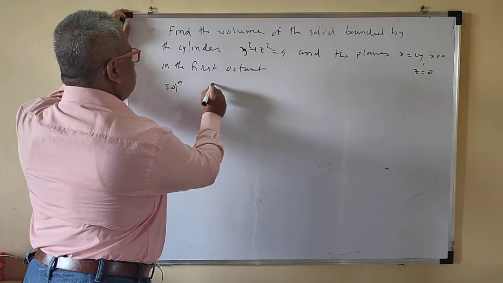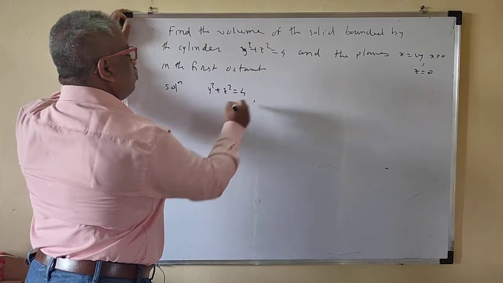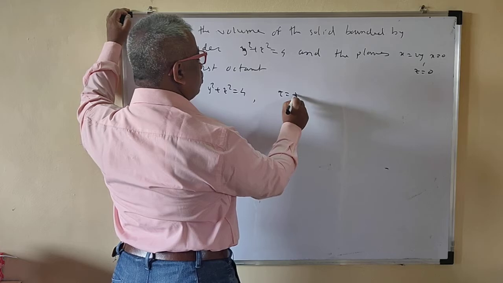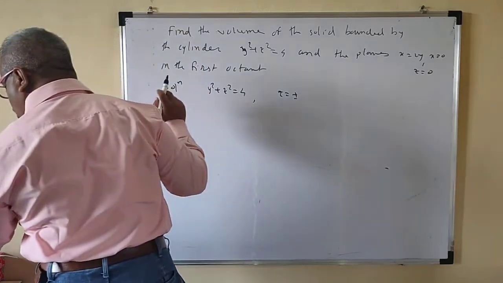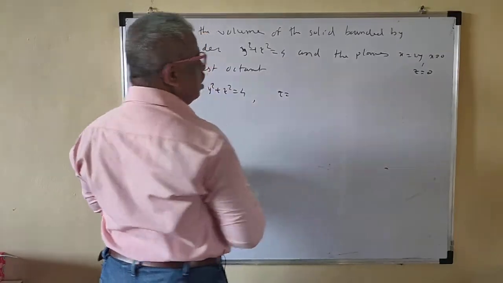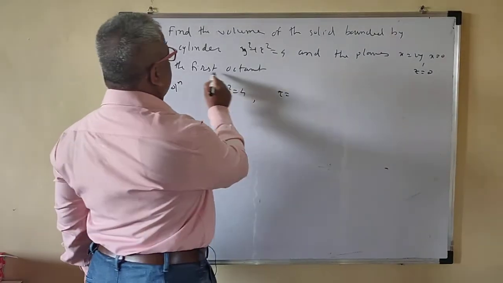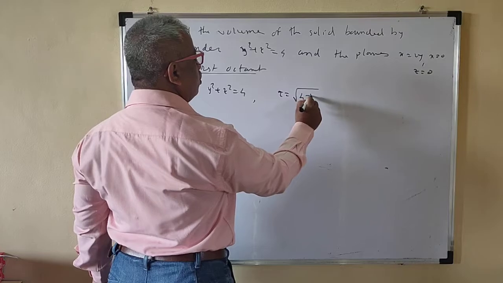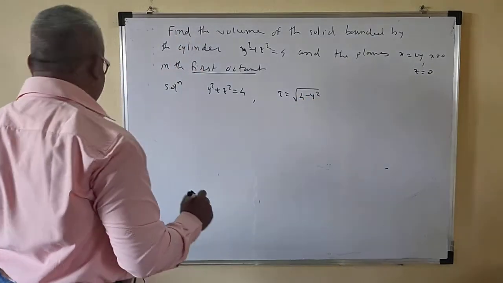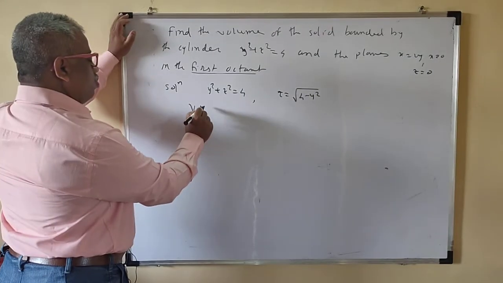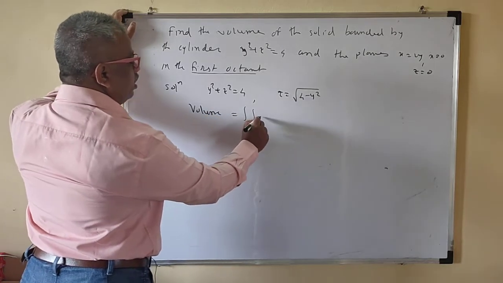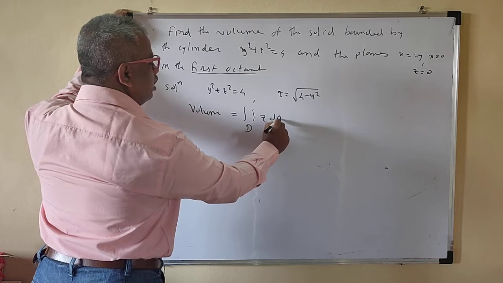Y square plus z square is equal to 4. Okay, so that means z is equal to plus or minus, but we are in the first octant, so we don't need to write plus or minus. So it is the first octant, so z is root of 4 minus y square. Okay, now volume is equal to double integral over D of z dA.